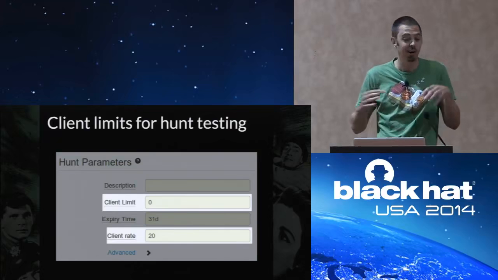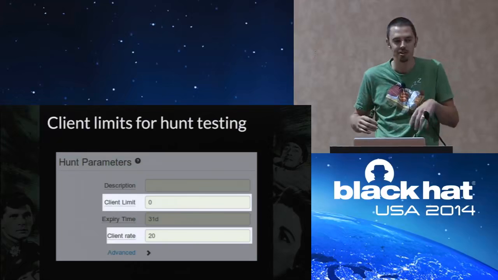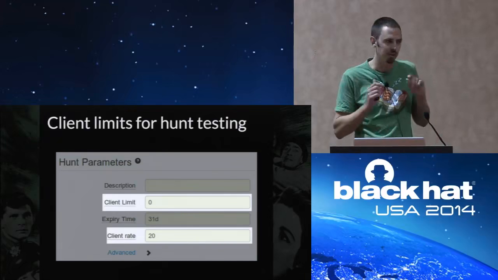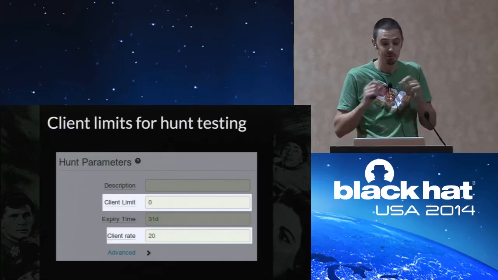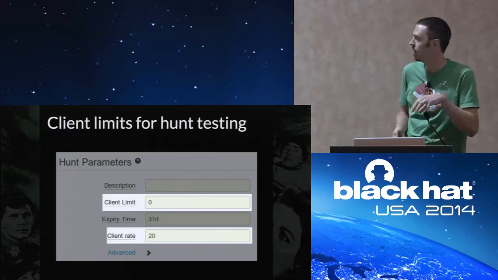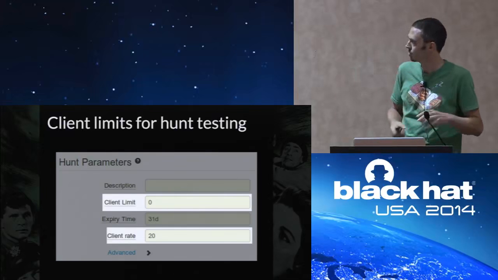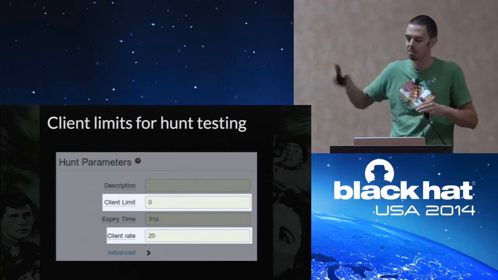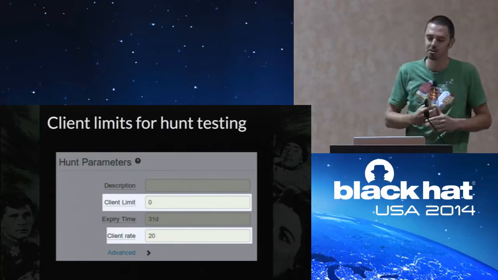Then we can run it on 100 machines, and then 500 machines, and then on the entire fleet. By the time we've run it on the entire fleet, we're only collecting a diff of every block that we don't have already. You can also use the client rate limit to make sure you don't kill your server, which steps up how many clients are running this particular file collection at any time.